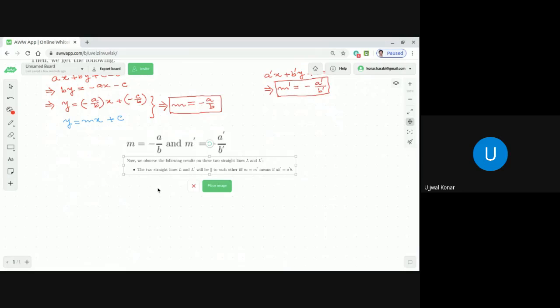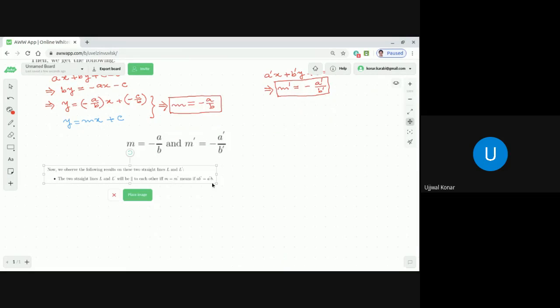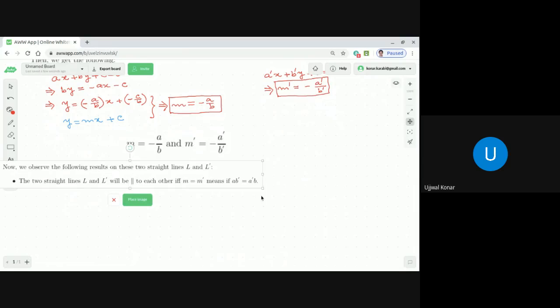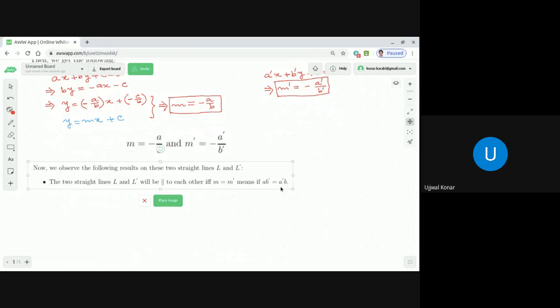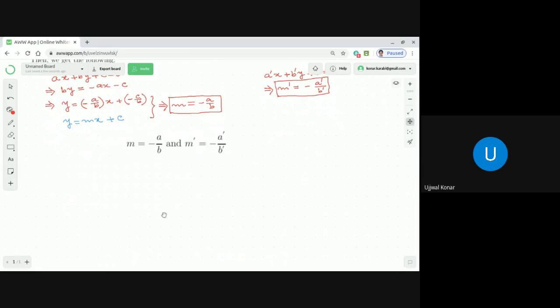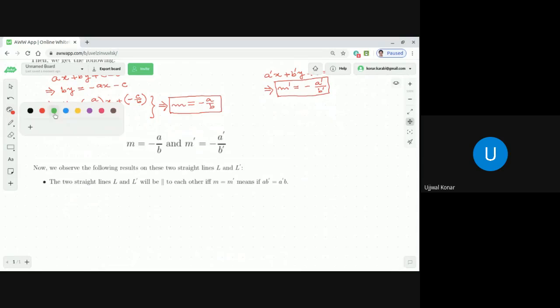Why are their slopes equal? That also you can ask: sir, why are their slopes equal if the straight lines have to be parallel to each other? If I give you a visual representation, suppose let's consider these are the coordinate axes. This is the x-axis, this is the y-axis, and this is the origin.